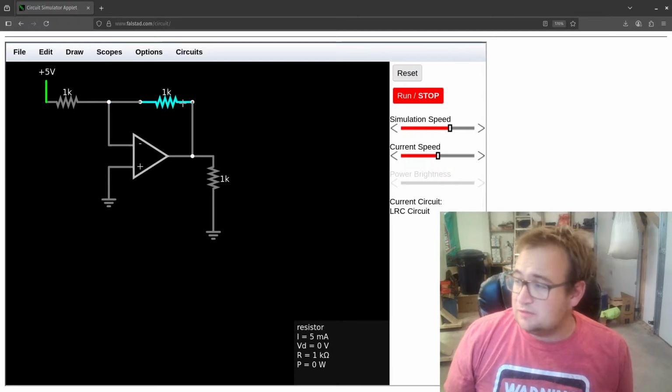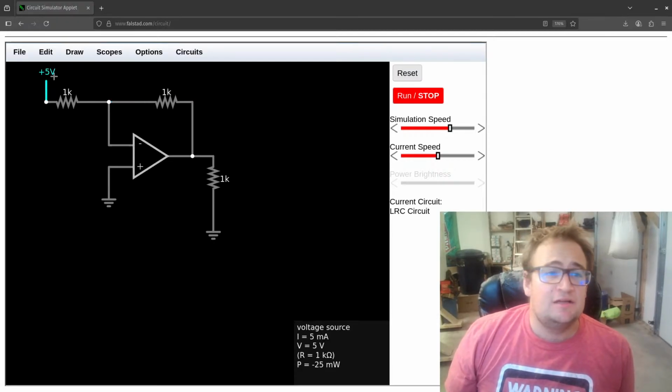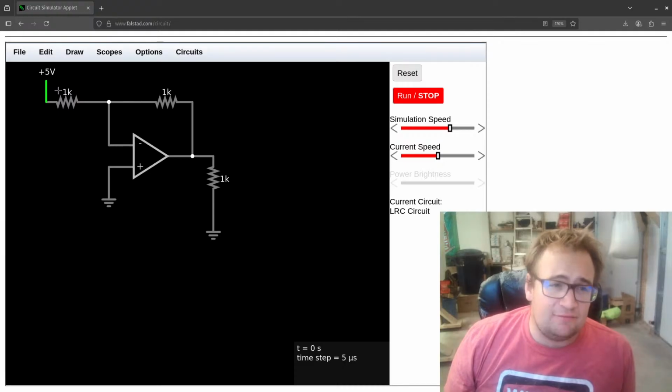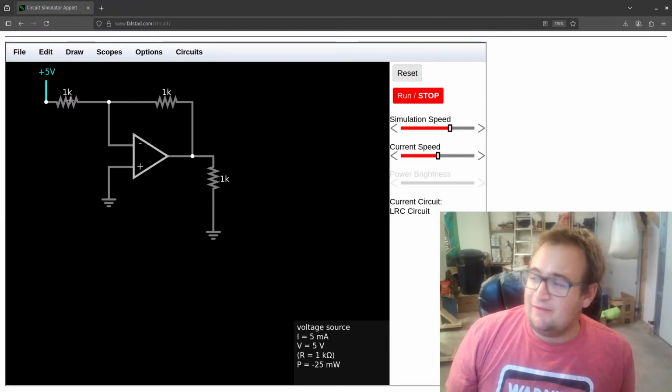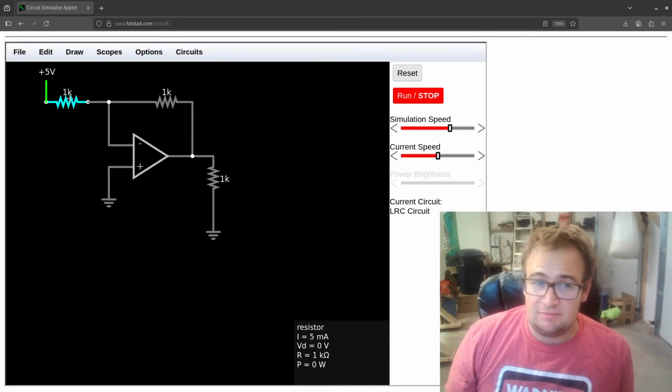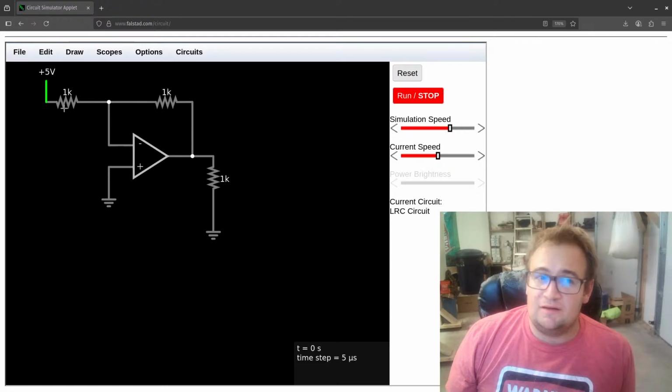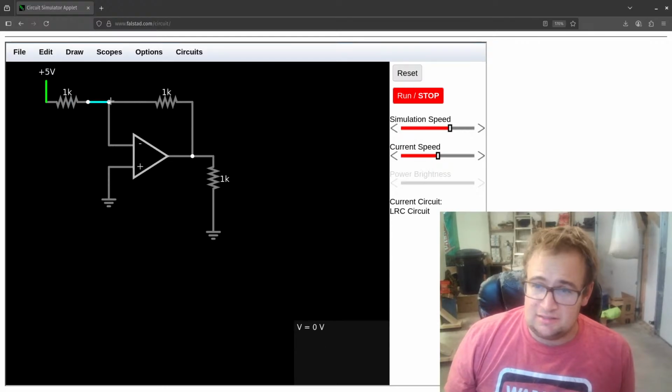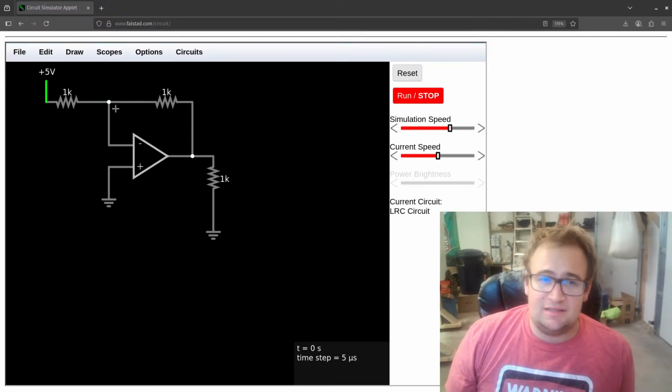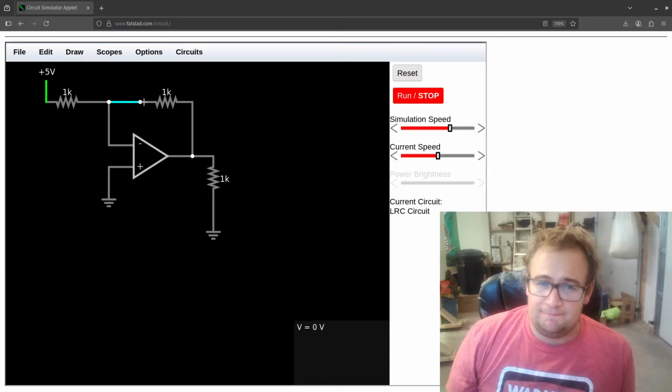But the current will still flow. So effectively, we're going to have 5 milliamps, because 5 milliamps times 1K is 5 volts. So that means there's minus 5 volts here, which gets us to 0 volts. But then this 5 milliamps will keep flowing.